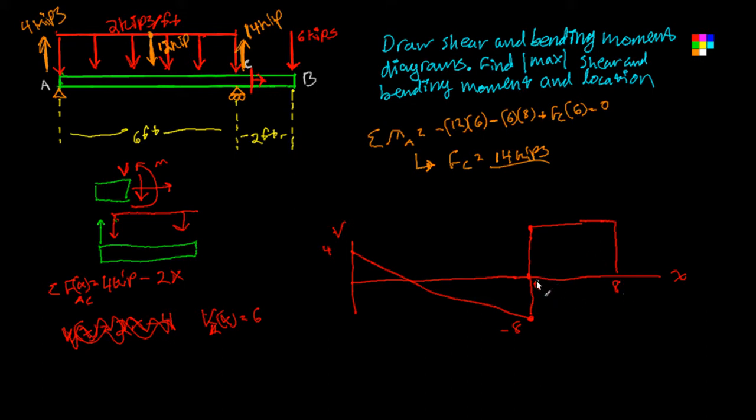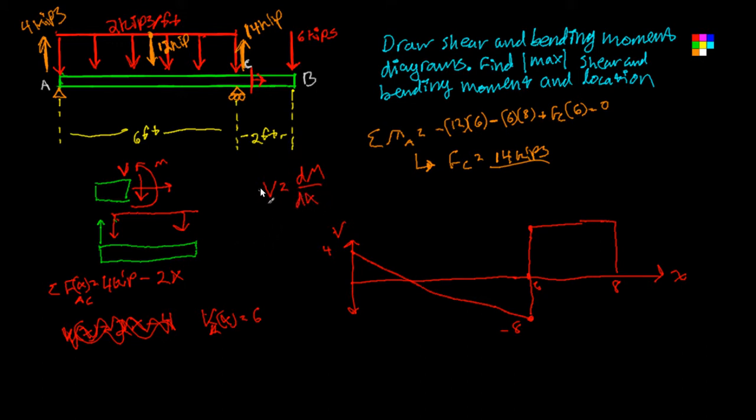Okay, now the cool part about what happens next is that when we go to find our bending moment, we can find the moment as a function of x, just in the same way that we found our v of x, or we can realize that V equals dM/dx.